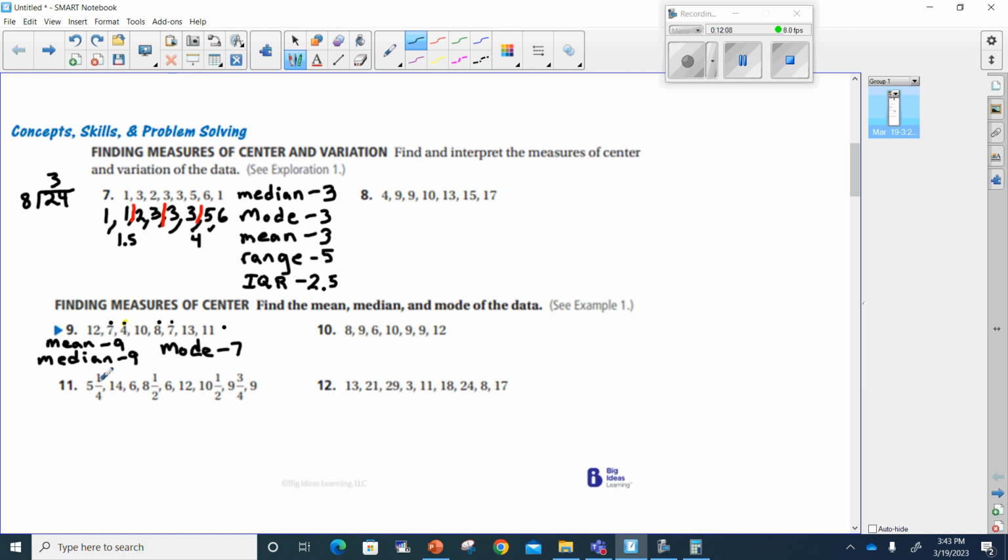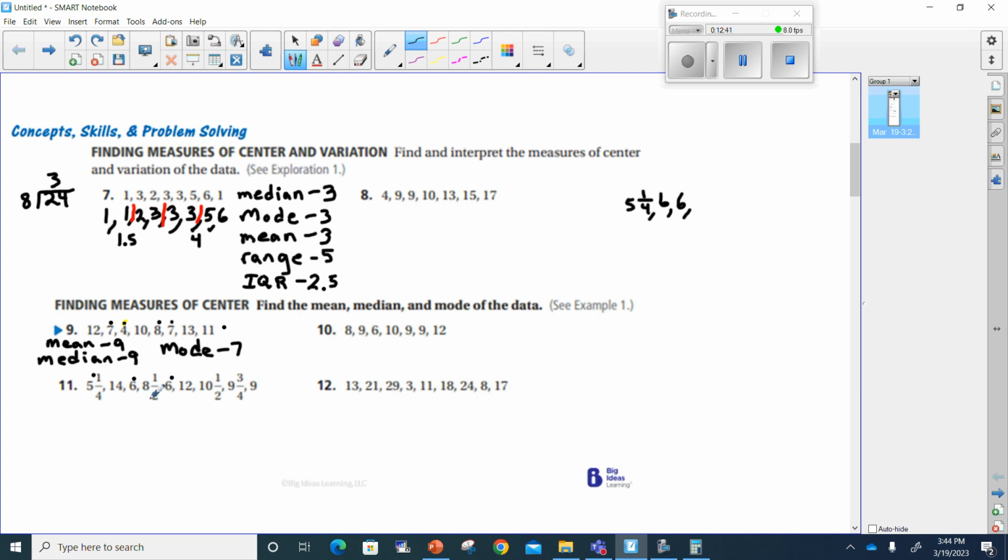The first number is 5 and 1/4, and I don't see anything smaller than 5 and 1/4, so I'm going to put that there. Next, I see a 6, so actually there are 2 6s, so I'll put those next. All right, that took care of that one, and that one.